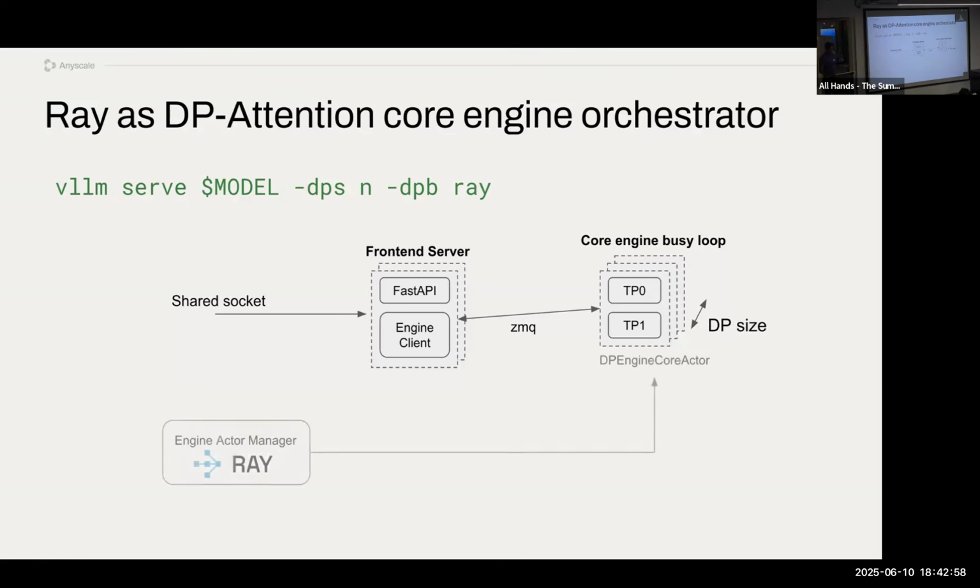Now, when you use Ray, these busy loop core processes are orchestrated via actors. And then there's a very centralized engine core manager, which spins them up, orchestrates them, and checks their health. Basically you can have a single click type of deployment.